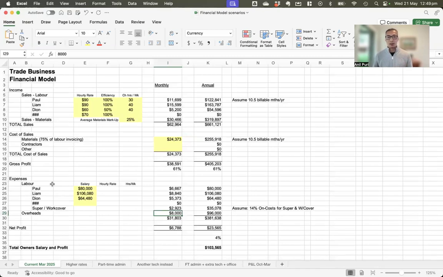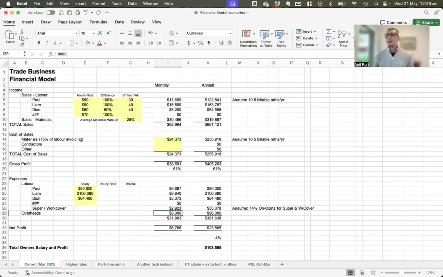So these are the types of things that ideally you'd be able to build for your own business and then run some scenarios so that you've got a financial understanding of what the impact may be of different decisions. A lot of what I do with clients is really helping them guide those decisions based on the numbers. And obviously it's not all about the numbers, but it's a big part of it.